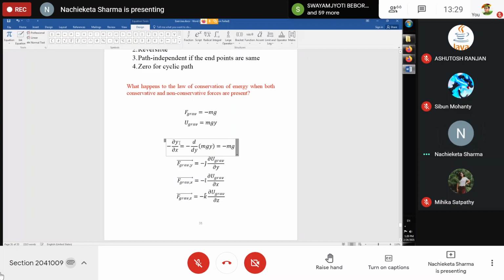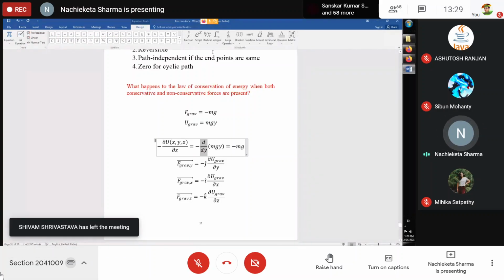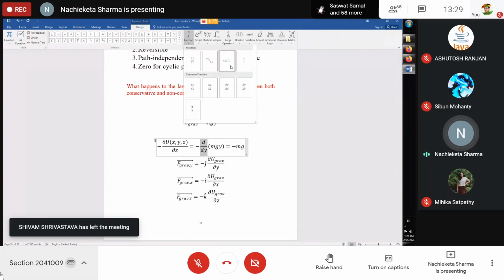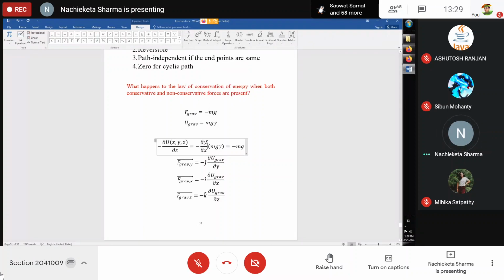Here I will write u, and this u is a function of x, y, z. It is a function of x, it is a function of y, it is a function of z. That's why here also I will use the partial derivative: when some function is a function of many variables and you are taking the derivative with respect to a particular one, then you have to use the partial derivative.